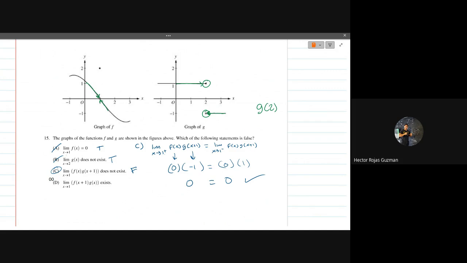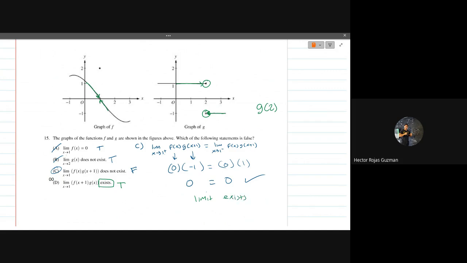And this shows us that the left-hand limit and the right-hand limit equal each other. Now, if you do the same process for D, you're going to see that this right here is true. So once again, C is the answer because they're saying the limit doesn't exist, but I got 0 equals 0, which is true, right? The limit does exist.